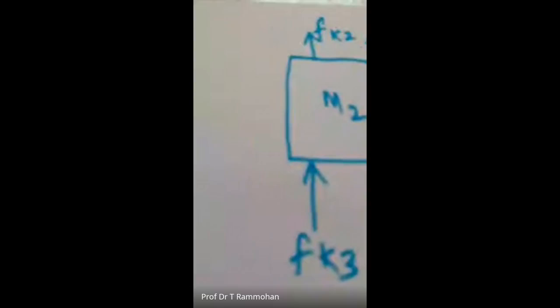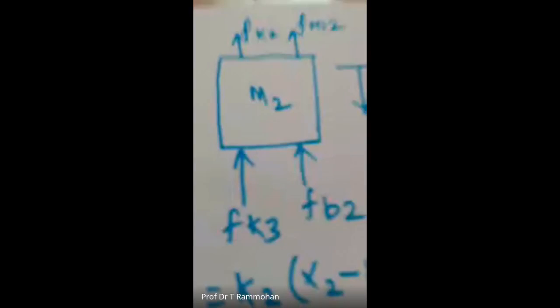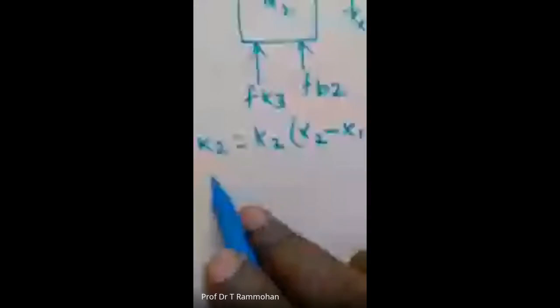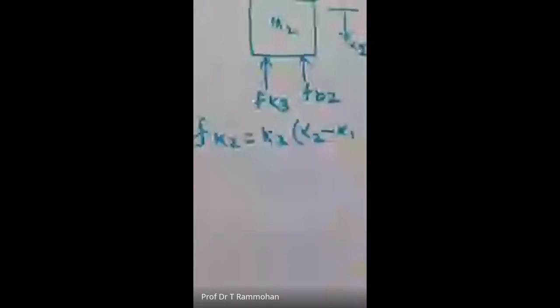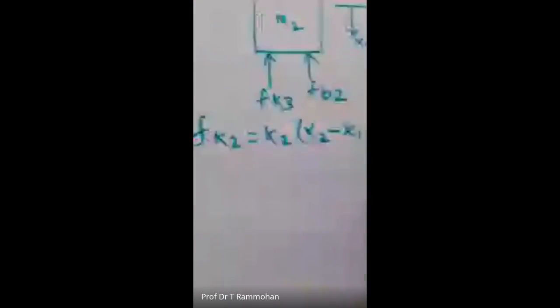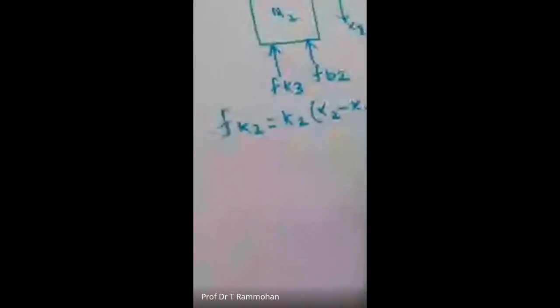Abhirami, you can mute yourself. Okay. So FK2 equal to K2 into x2 minus x1. Okay.